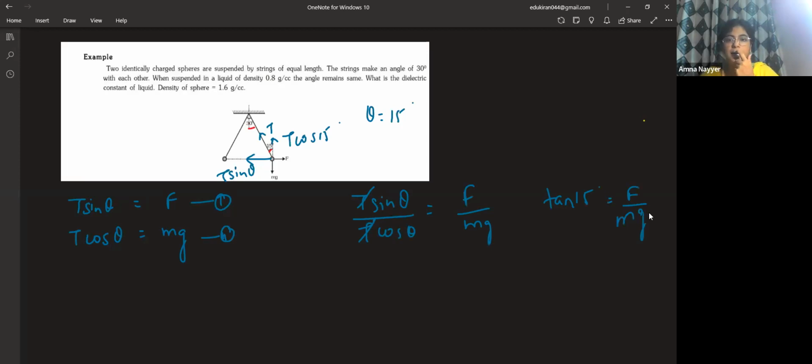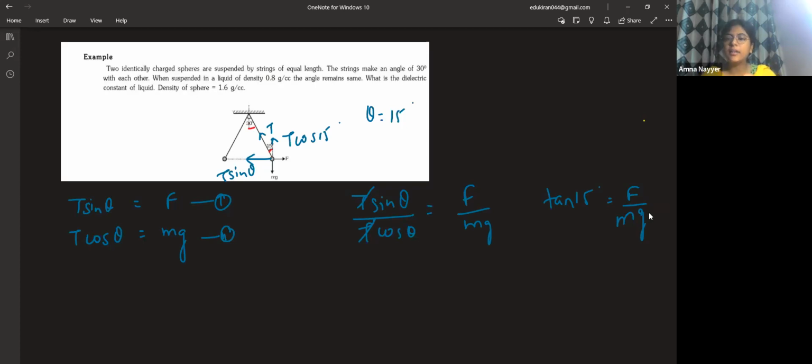But see, if the system was not dipped under any solution, this would have been your answer. From this, you can calculate the value of the dielectric constant K or epsilon naught, whichever value you want to find out. But the problem with this question is that your gravity is changing. You must have studied this lesson, mechanical properties of fluids.